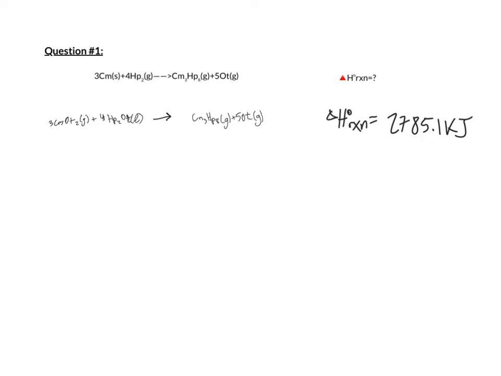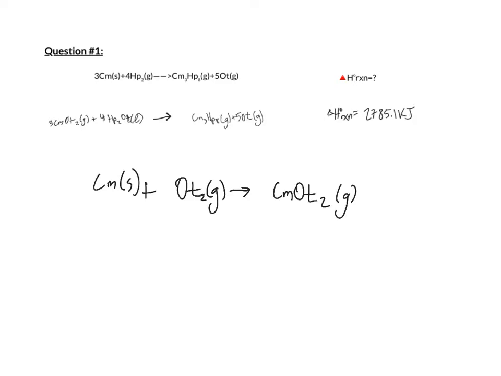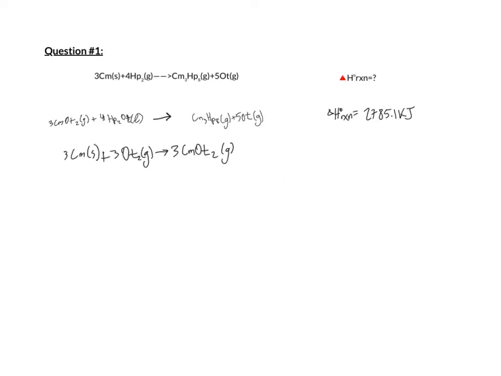The second equation, to get the 3 Cm, because we know we have 3 Cm, we must multiply everything by 3, so we have 3 Cm, 3 OT, 3 Cm OT, 2, and then we must also multiply the enthalpy of the reaction by 3.